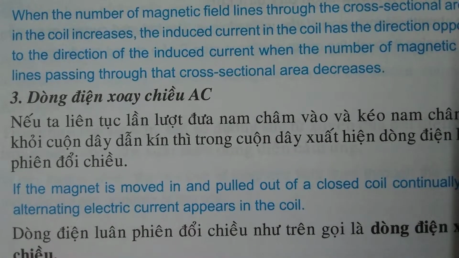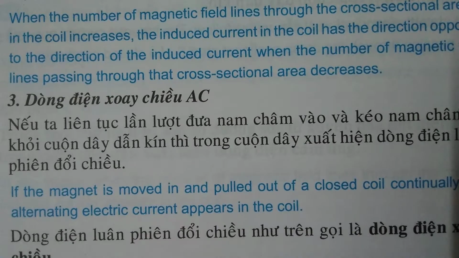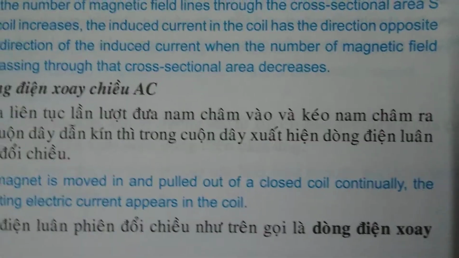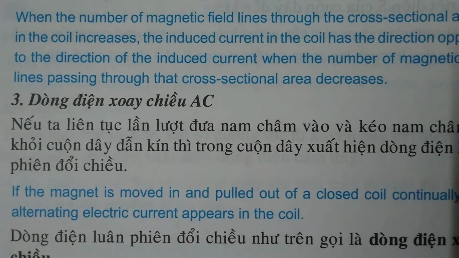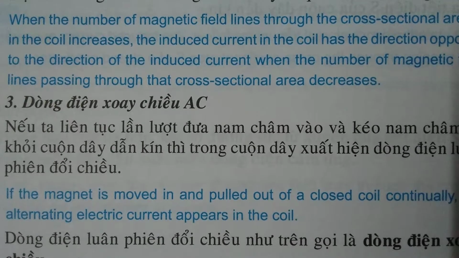If the magnet is moved in and pulled out of a closed coil continually, the alternating electric current appears in the coil.